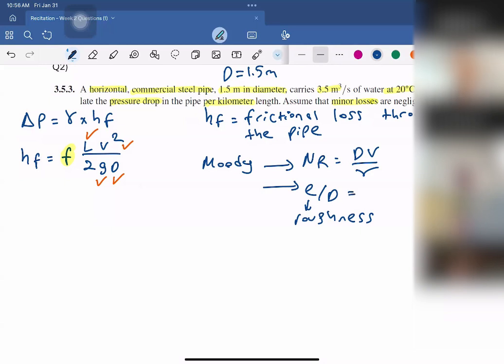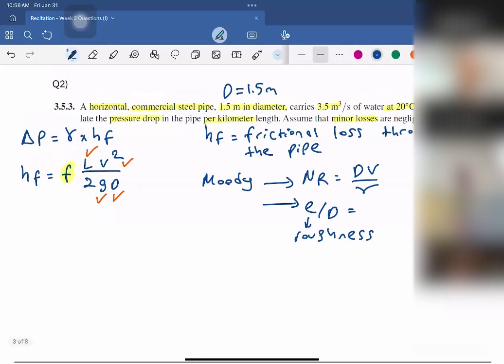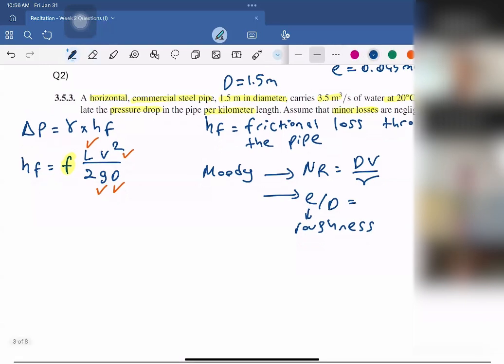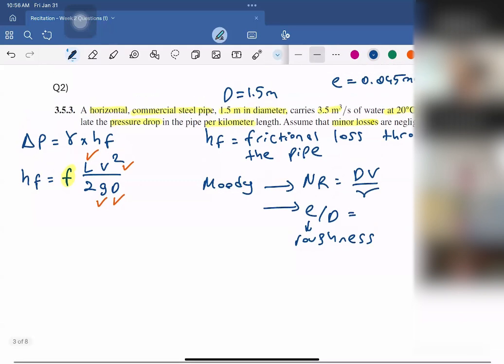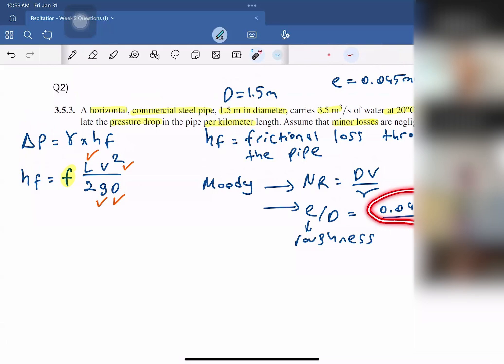And in the question, the roughness of the pipe is not given, but we can find it from tables, so I will directly write it as well. And from that, we can calculate E over D. Here, the important part is the roughness is in millimeters, but the diameter is in meters.